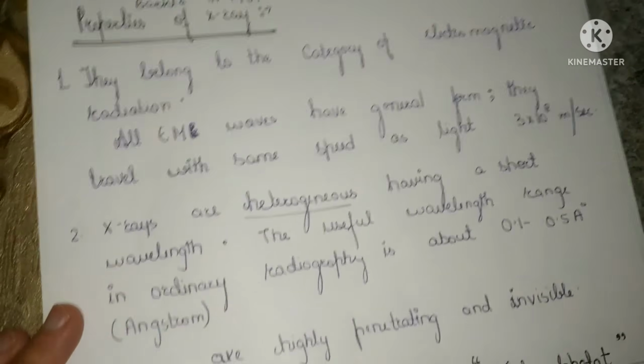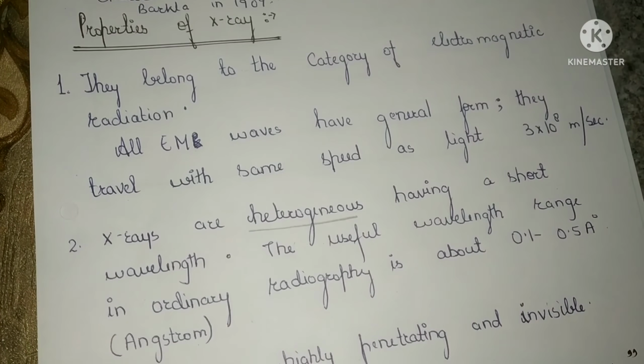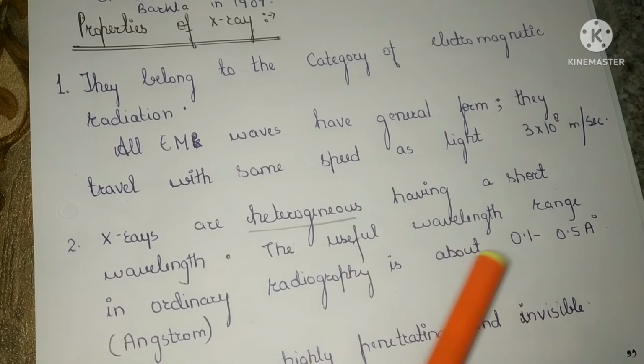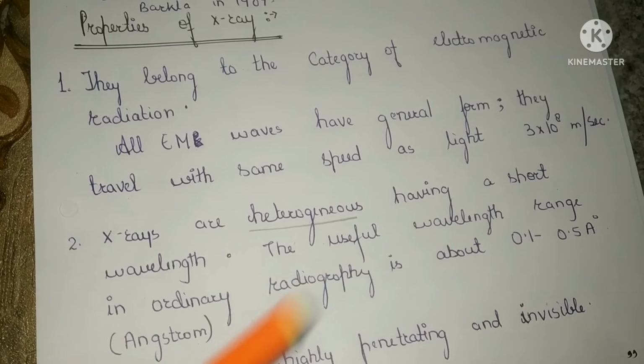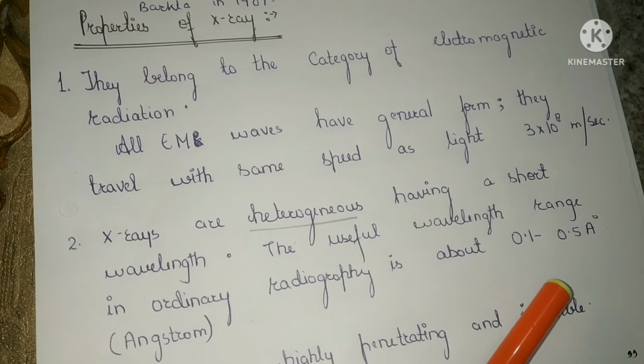The second property goes like this: X-rays are heterogeneous, having a short wavelength. It means that in the X-ray beam, we can find photons with different energies, with short wavelength. Here it is mentioned that the useful wavelength range in ordinary radiography is about 0.1 to 0.5 angstrom.